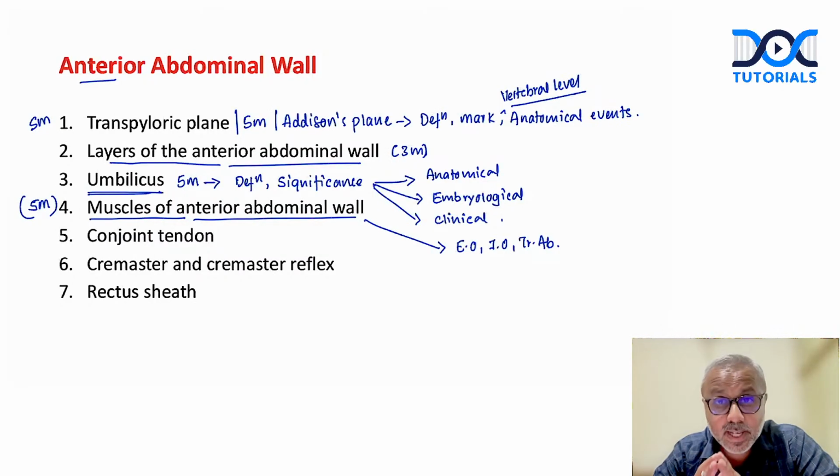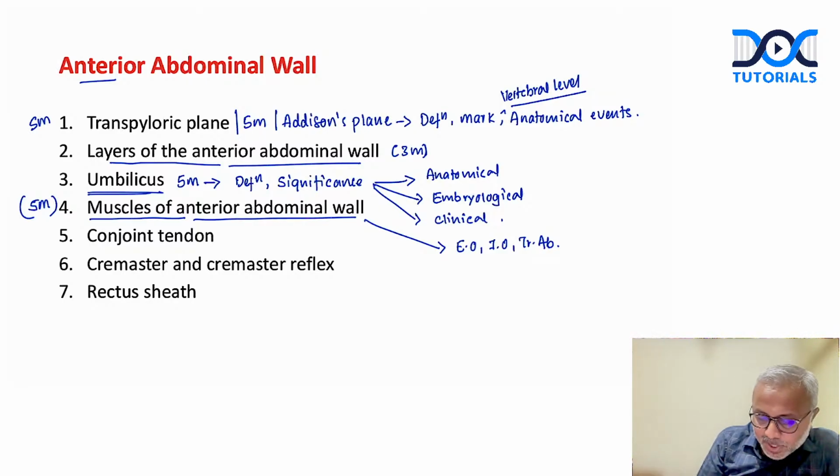You need to describe the attachments, then innervation and actions of these anterior abdominal wall muscles, right? The chances are less, but it is there. The 3 muscles, it's better to learn in detail about the attachments, innervation, and actions of these muscles, right?